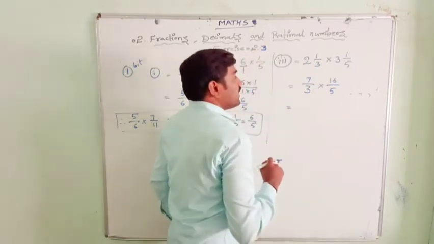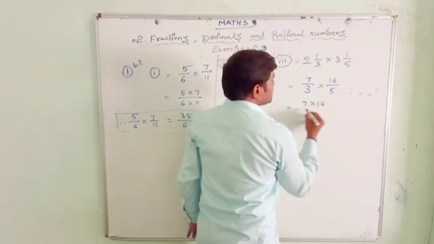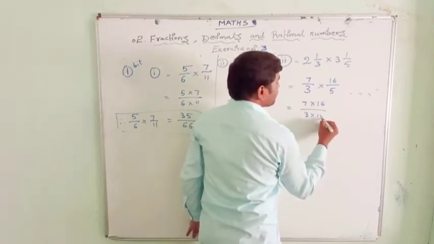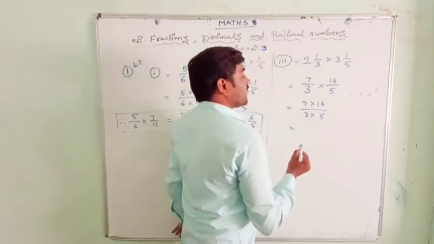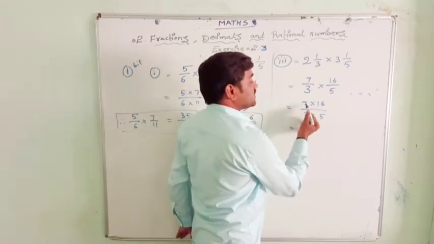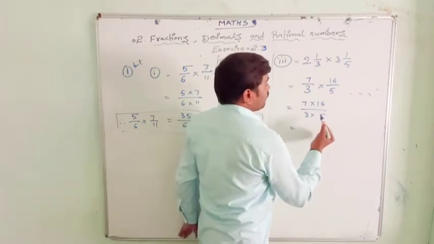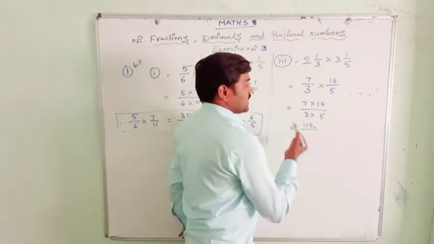So now let us find the product of 7 into 16 by 3 into 5. Let us find 7 into 16. 7 into 16: 16 sevens are 70, 42, 112. 112 is the answer.